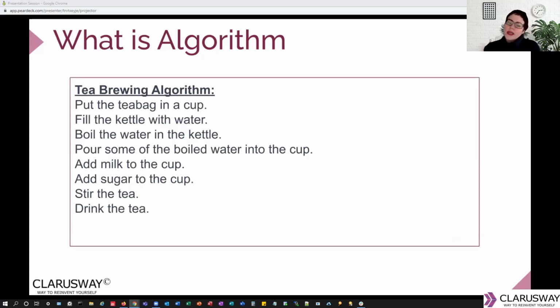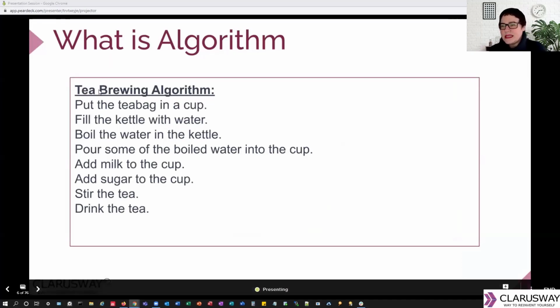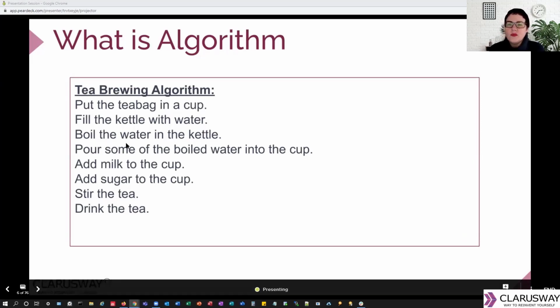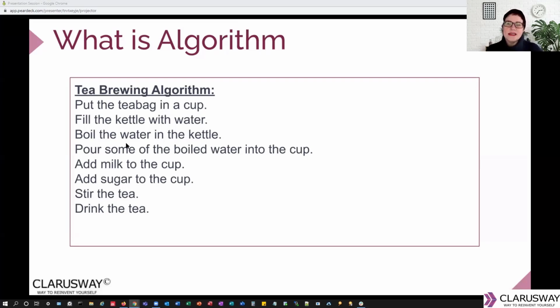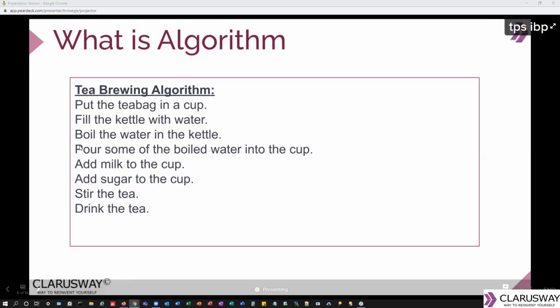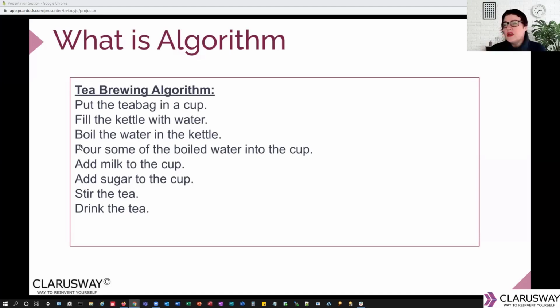In real world terms, an algorithm, you can see here in this tea brewing algorithm, is a set of instructions. And specifically, when we run the tea brewing algorithm, we are instructing, we'll say in this case, a person to put a tea bag in a cup, fill a kettle with water, boil the water in the kettle.